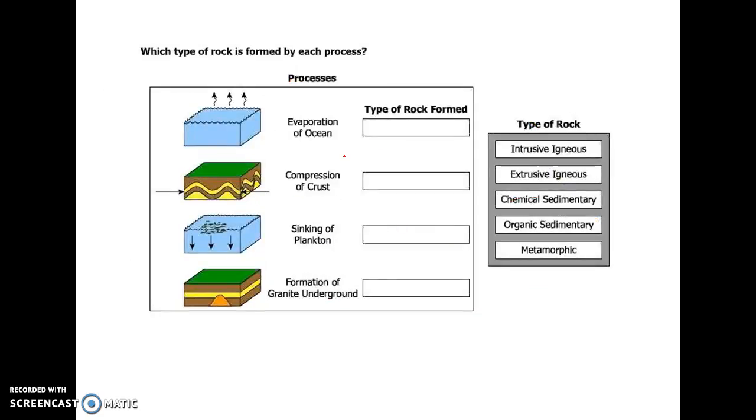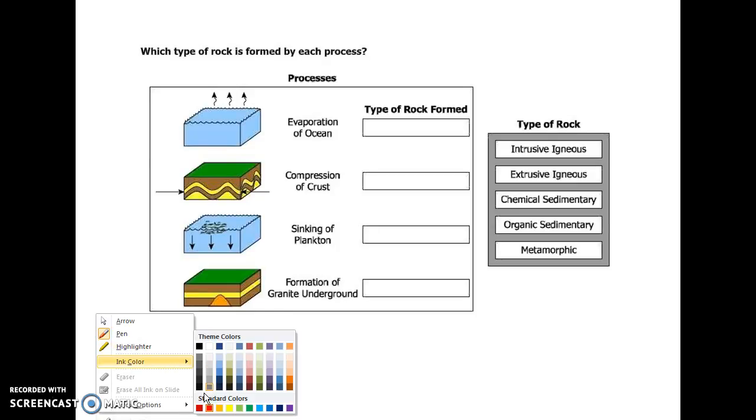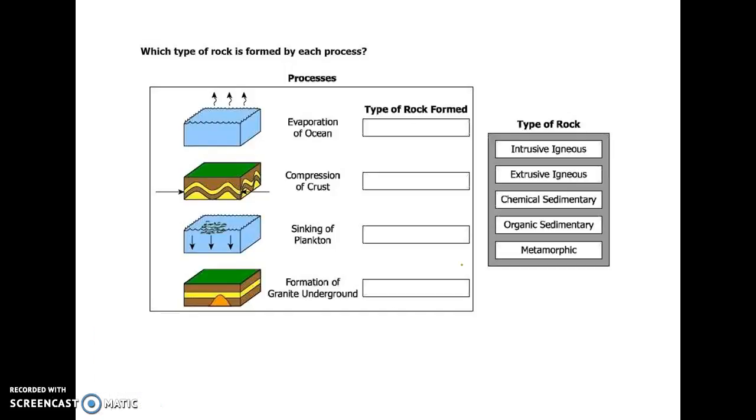All right, now this last one is a little bit trickier because if you notice, there are 4 spaces here, but 5 boxes. So let's see if we can narrow some of these down. Organic, we've talked about organic a lot. It's one of those big science words. Organic means living.